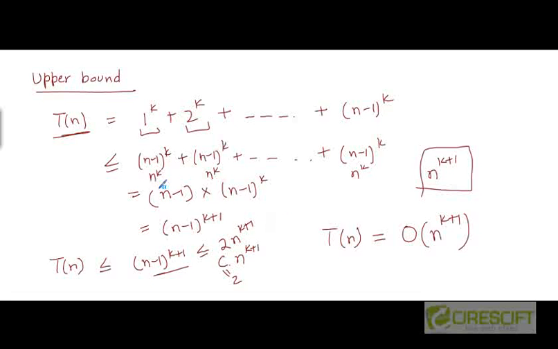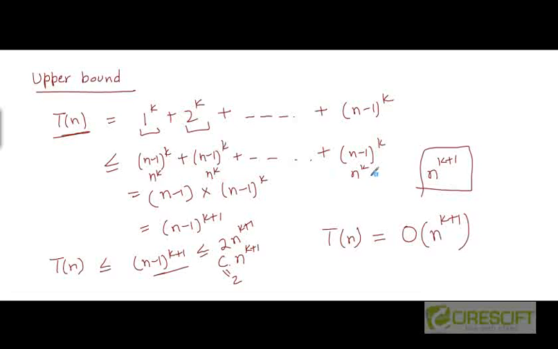Well, let's make it even simpler. Let's just say that T of n is less than or equal to n minus 1 instances of the sum of n to the power k, n minus 1 times, because there are n minus 1 terms in total.